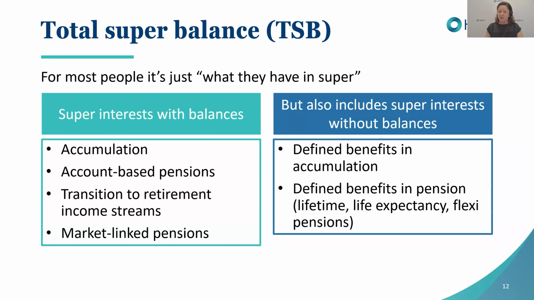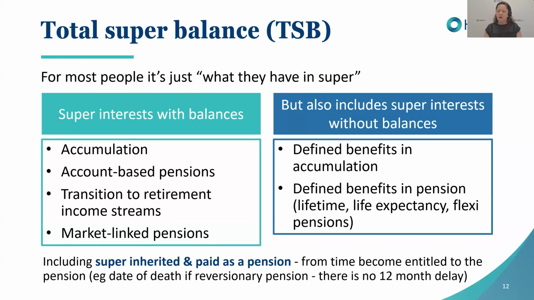Now, there are going to be some changes to the way that we value those pensions, but they're not starting until 30 June 2027, so we can put those to the side for the moment. The other thing to remember, just like any time we're using total superannuation balance, is that it's all the superannuation that's in my name.